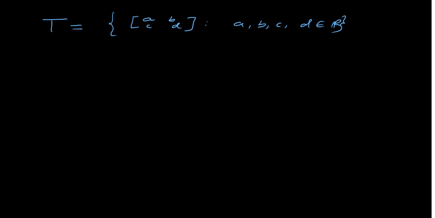And this one is a semigroup with respect to multiplication. It's not a group, and in this semigroup we don't have the cancellative property.